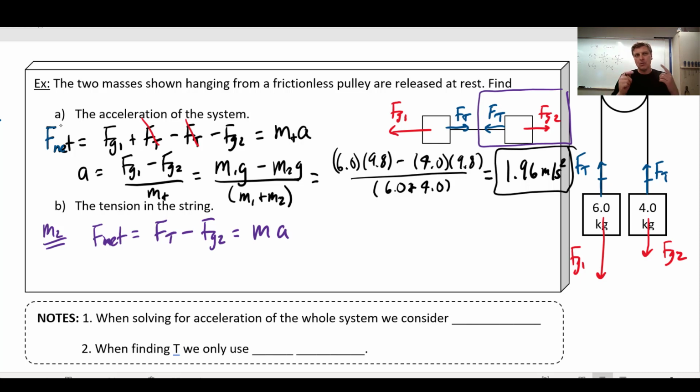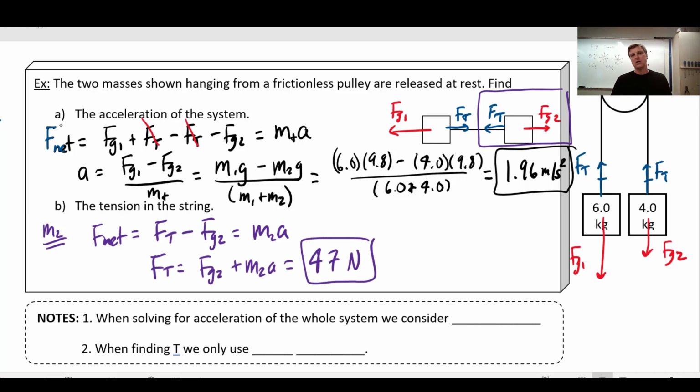And a reminder, since I'm only looking at mass 2, this is only mass 2. And so tension is going to equal FG2 plus m2a, which ends up being right around 47 newtons. And again, if you did the same calculation looking at mass 1, you should get the same answer.